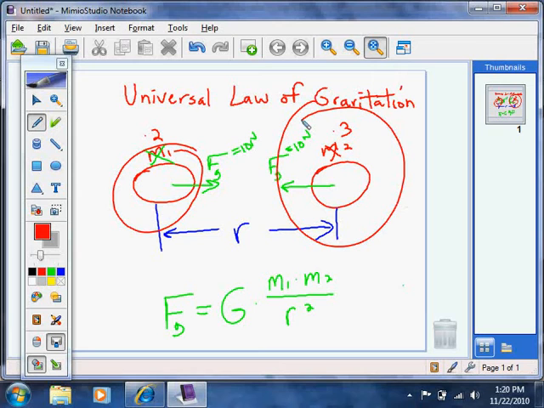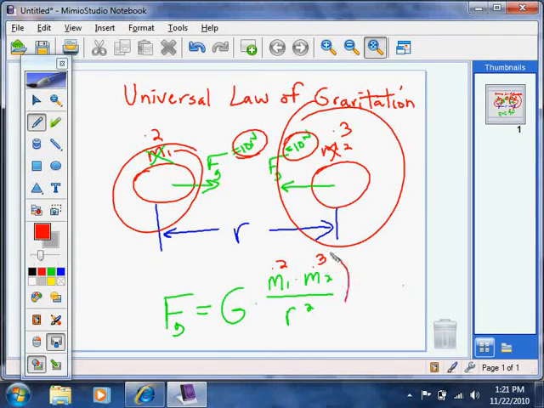We know before the force of attraction was 10 newtons. And the question is, what would the force of attraction be now? So if you look at the formula and you say to yourself, hey, do you see that first mass? That's going to be times 2, twice as great. See that second mass? That's going to be times 3.